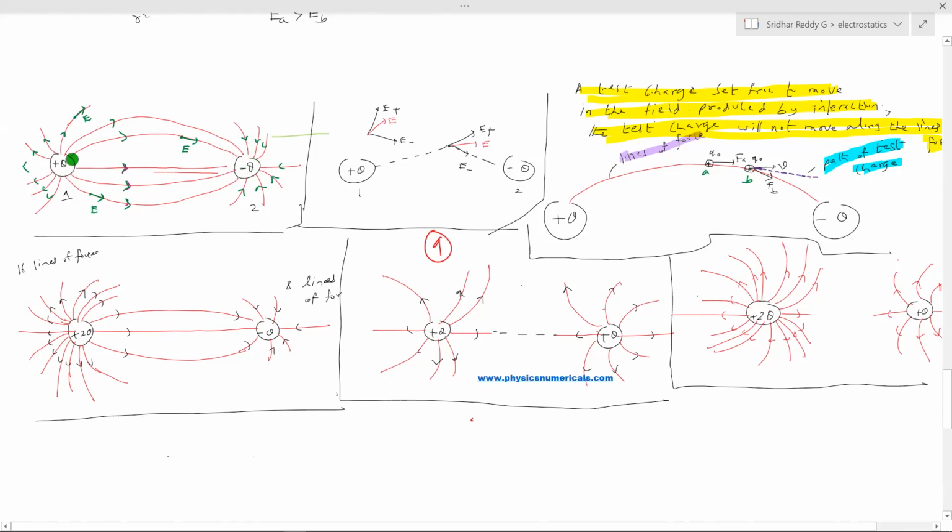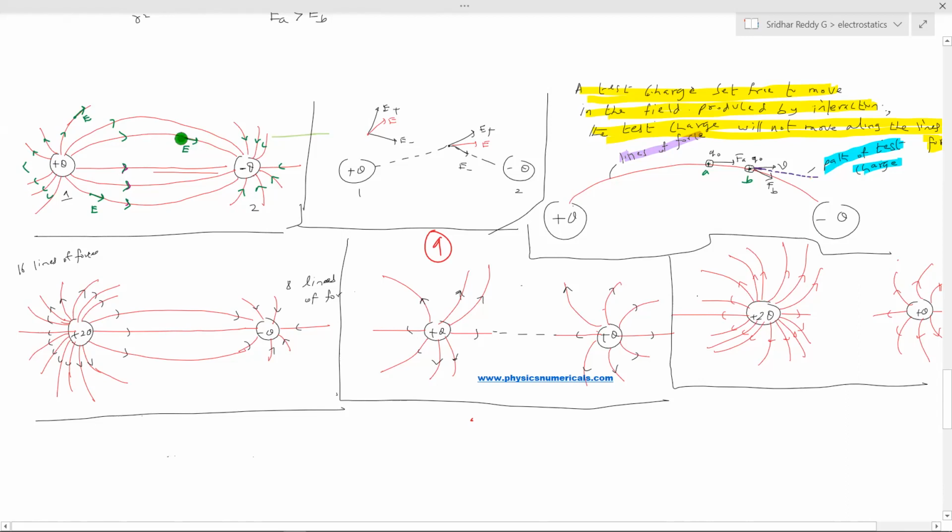The lines of force will originate at the positive charge and terminate at the negative point charge. Similarly here, they'll originate at the positive point charge and terminate at the negative point charge. So how are you able to draw lines of force? If you draw a tangent to the lines of force, it will give the resultant field due to those point charges.